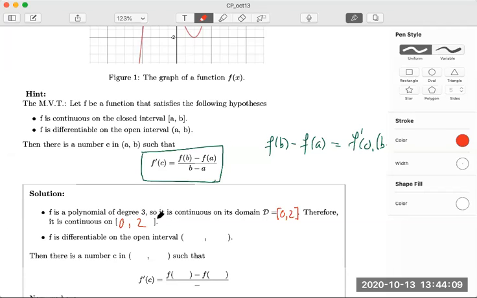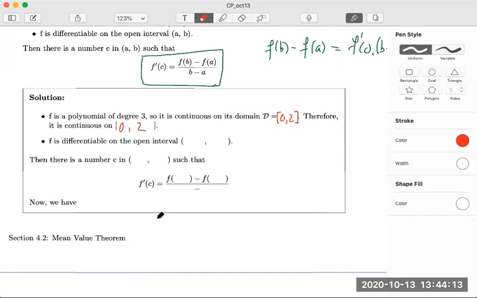So the same story. It is differentiable on this interval, right? So the mean value theorem says that if it satisfies these two conditions, then there exists a number C within this interval from A to B. In this case, it would be 0 and 2, right?